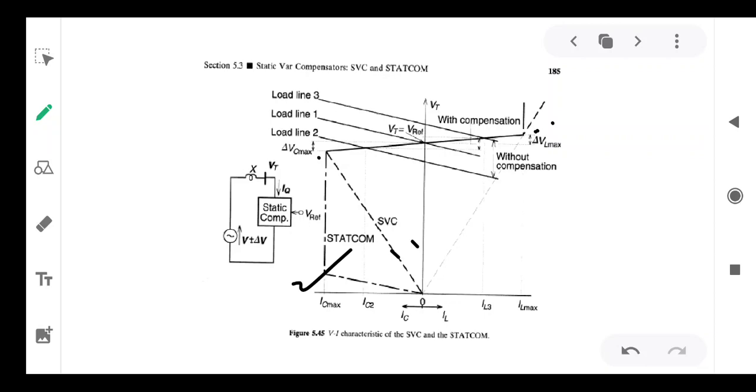So these are the load lines 1, 2 and 3 of the system. Load line 1 exactly cuts the VI characteristics of the compensator at reference voltage, that is nominal voltage equal to 1.0, and load line 1 is related to your nominal voltage.